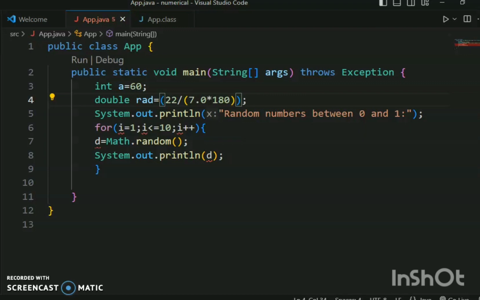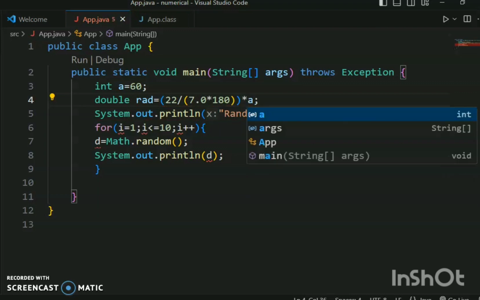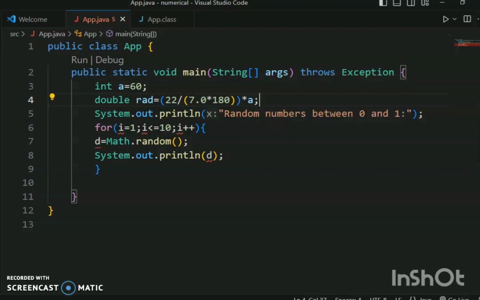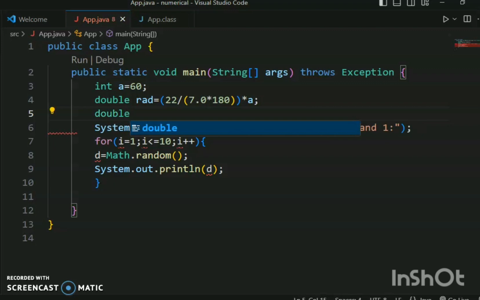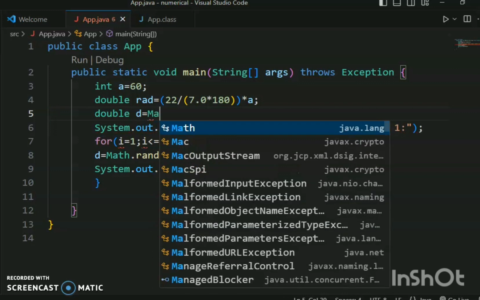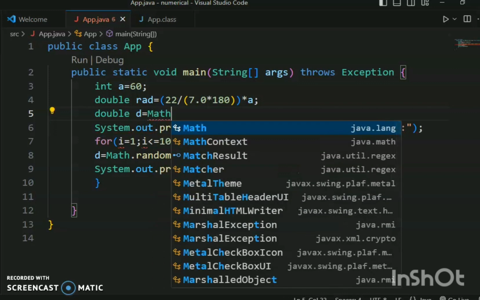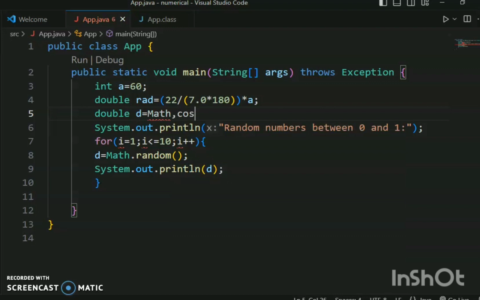Okay friends, so this is my radian value times a. Now next is double d equals capital Math dot cos rad.